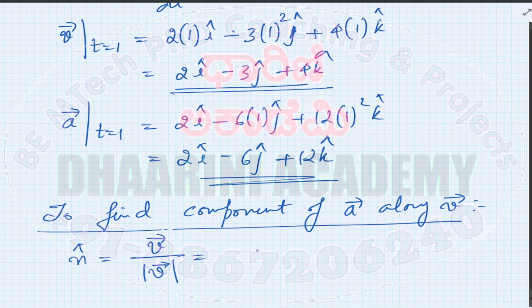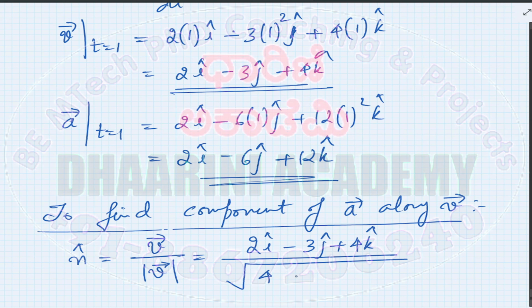So how do you find it? Let's substitute. This is 2 i cap minus 3 j cap plus 4 k cap, whole divided by the square root of 2 square, 4, plus 3 square, 9, plus 4 square, that is 16. 16 plus 10 plus 3 is 29.